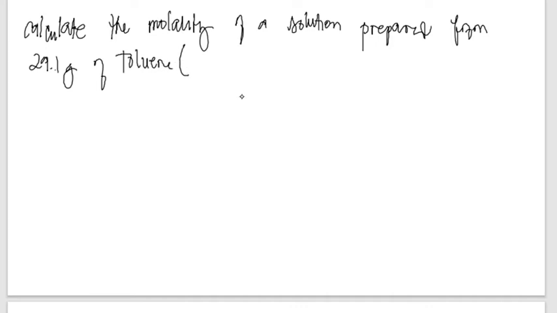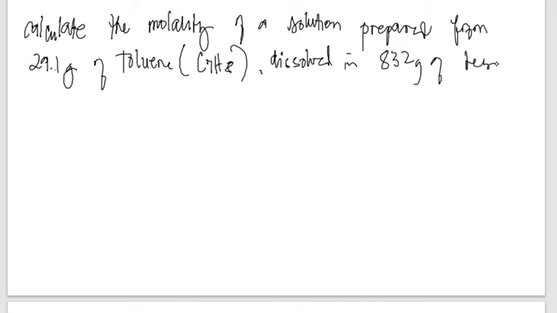Ang kanyang chemical name is toluene, or chemical formula is C7H8, dissolved in 832 grams of benzene, C6H6.